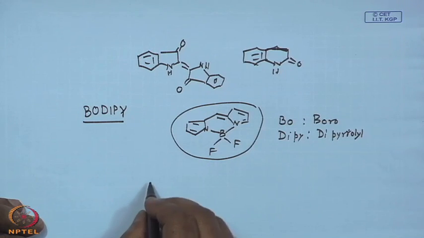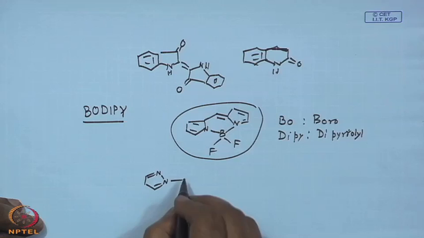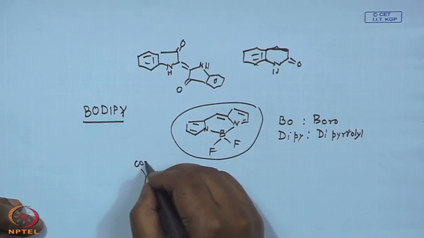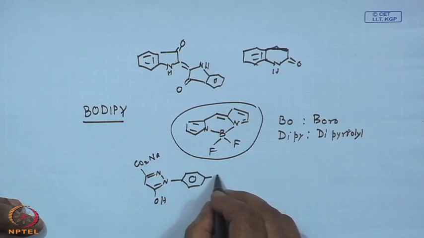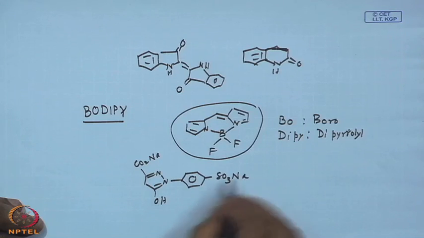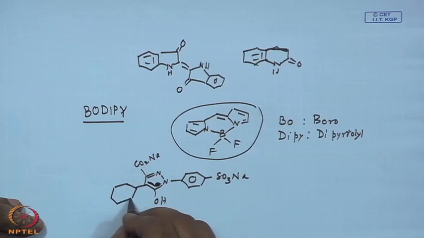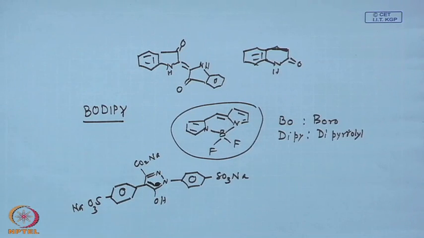Then there are other dyes. I think this is quite well known in the market. It is a pyrazole nucleus with a hydroxy on one side, an ester sodium salt on the other side, and two phenyl rings with sulfonate groups. Sorry, the double bond is up here, and then a repetition of these groups.